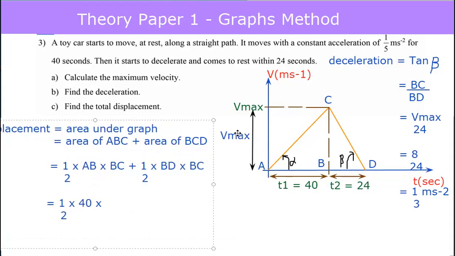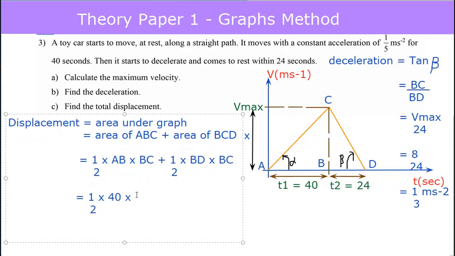BC is Vmax, and we have found Vmax as 8. So it is 8, plus half into BD, which is 24, and perpendicular height BC, that is again Vmax, which is 8. So it's very easy to simplify.